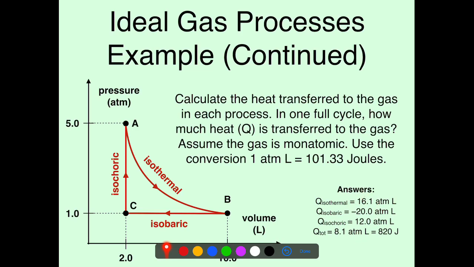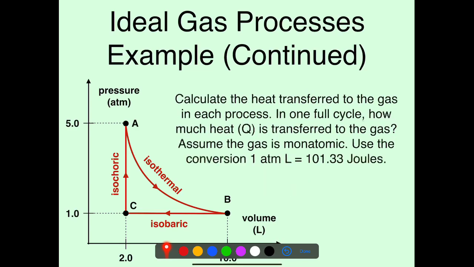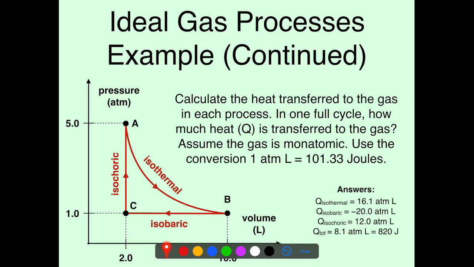When you add these together, you get 8.1 atmosphere liters, and that's equivalent to 820 joules. So again, just another example of how we can use the formulas we derived to make some calculations.